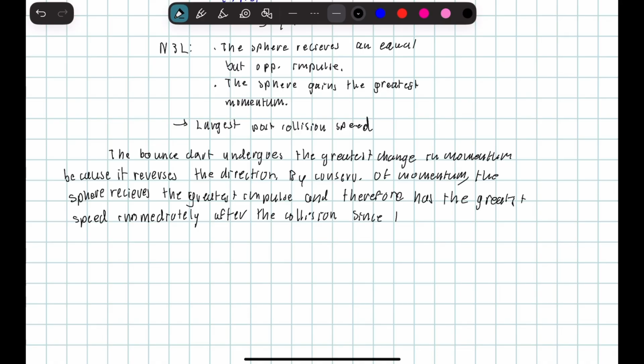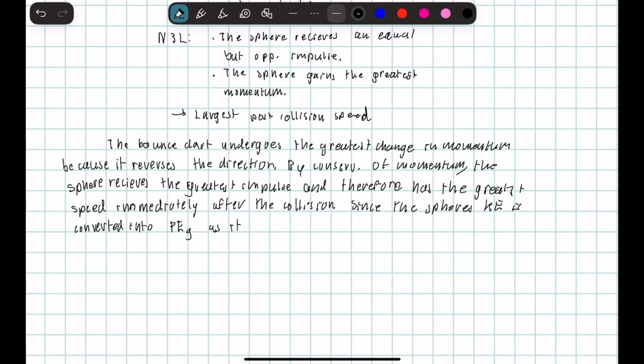And since the sphere's kinetic energy is converted into gravitational potential energy as it swings upward, the sphere reaches the greatest max height in this bounce dart case.